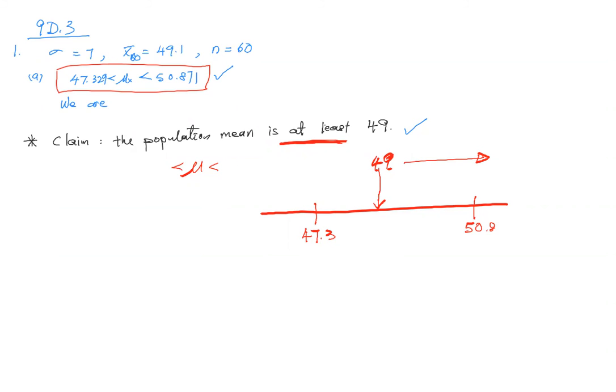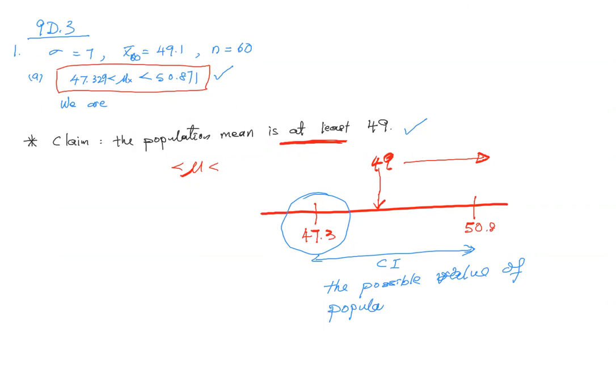So I have to look at this. Whatever is inside the confidence interval, I will take it as a possible value of the population mean. I don't know which one will happen, but I know it can be here and there.